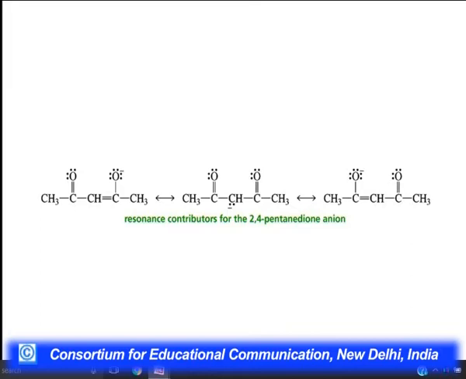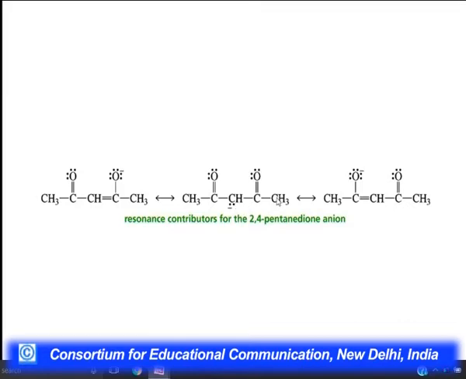So here I have shown the resonating structures for the 2,4-pentanedione anion. Because we have a carbanion here, this hydrogen was acidic in nature, and it is more acidic as compared to the other alpha hydrogens.